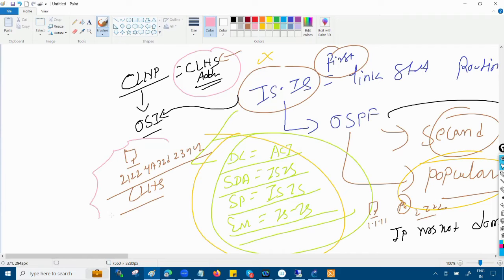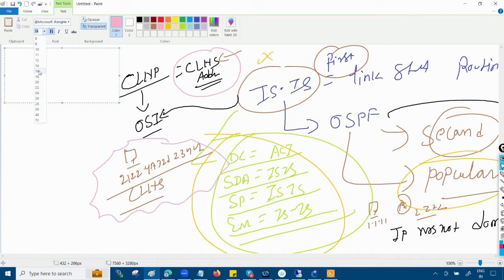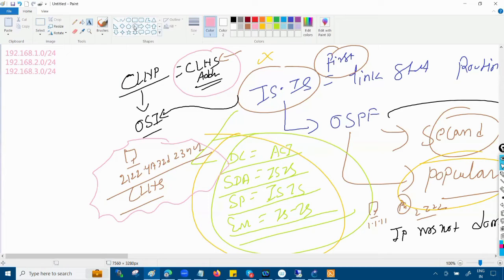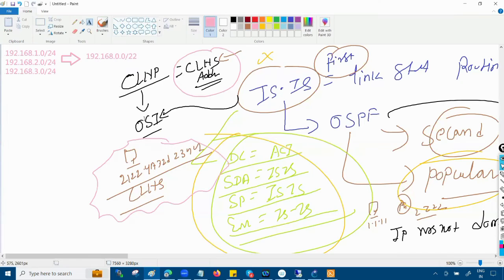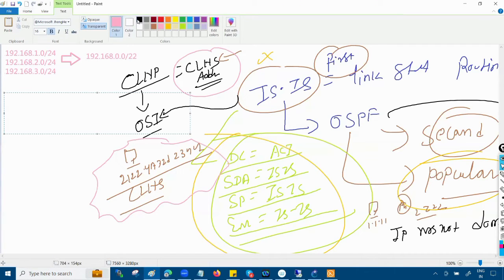And if the addressing is not of fixed length, then what happens? Can you imagine? In normal IP, if you have networks like 192.168.1.0/24, 2.0/24, 3.0/24, you have the ability to summarize these networks into a single one, for example with a /22. But the problem with CLNS is that you cannot do summarization.